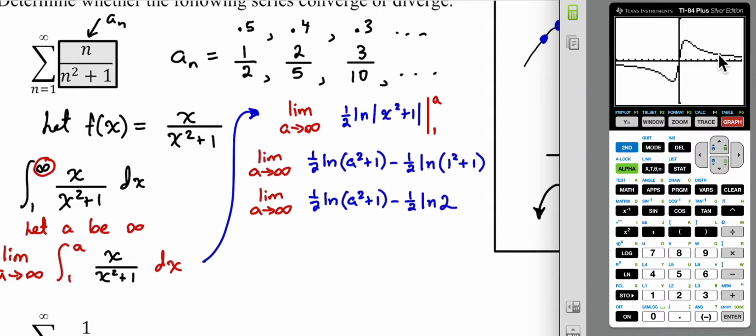And now I just need to evaluate this limit. So then I'd be asking myself, all right, well where is this going? Because I know where this is going. That's easy enough. That's constant. In fact, I could even rewrite and say limit as a approaches infinity of this minus limit as a approaches infinity of this.